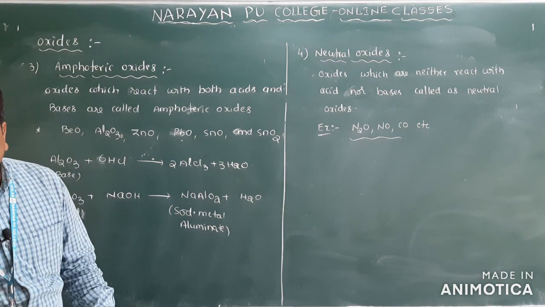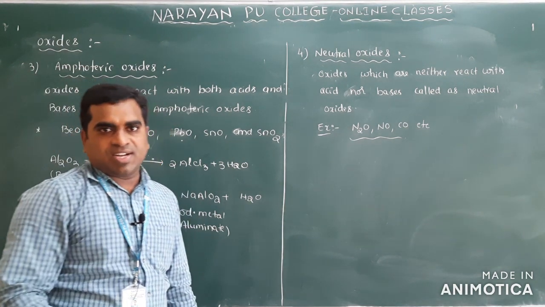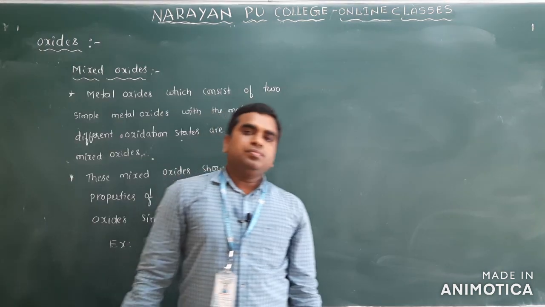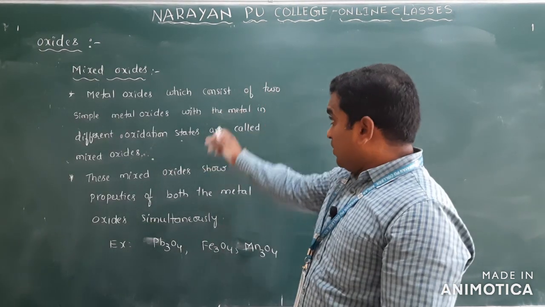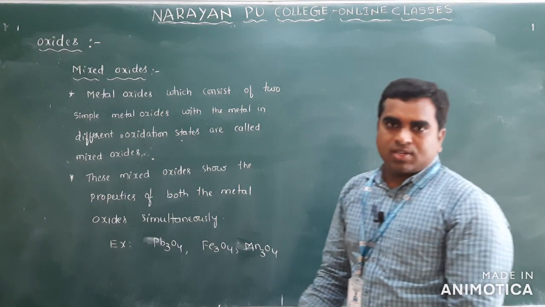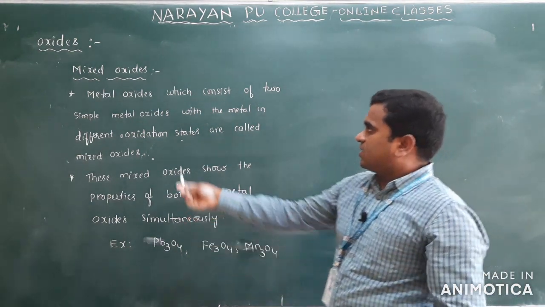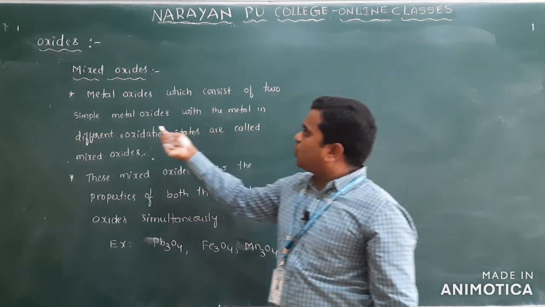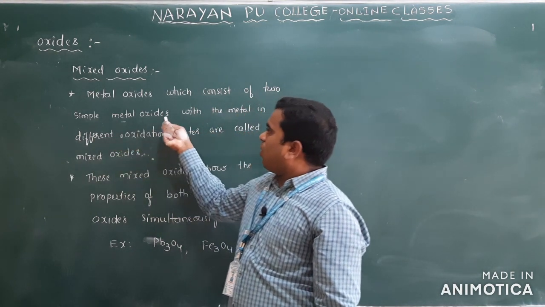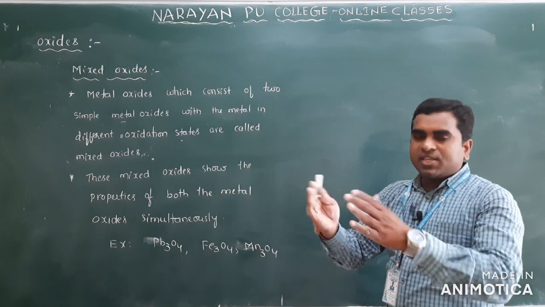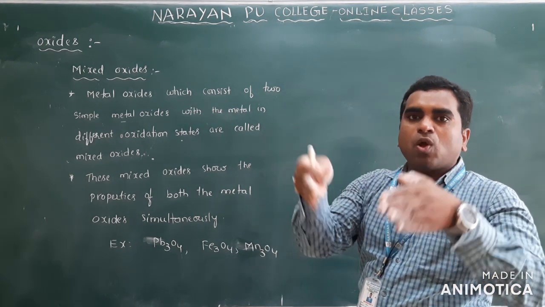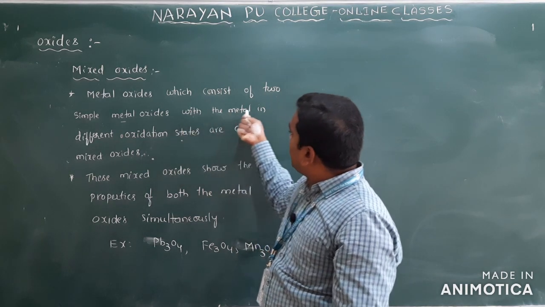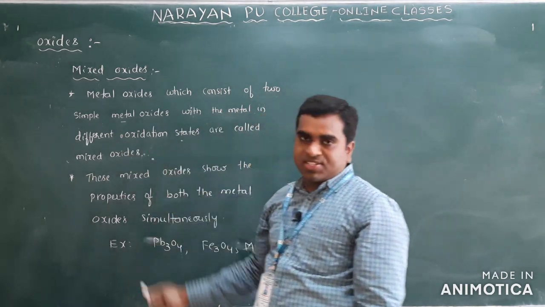And next there is mixed oxides. Put the heading here, mixed oxides. Mixed oxides means a metal oxide which consists of 2 simple metal oxides. In the mixed oxides, 2 simple oxides are present, with the metal in different oxidation states.